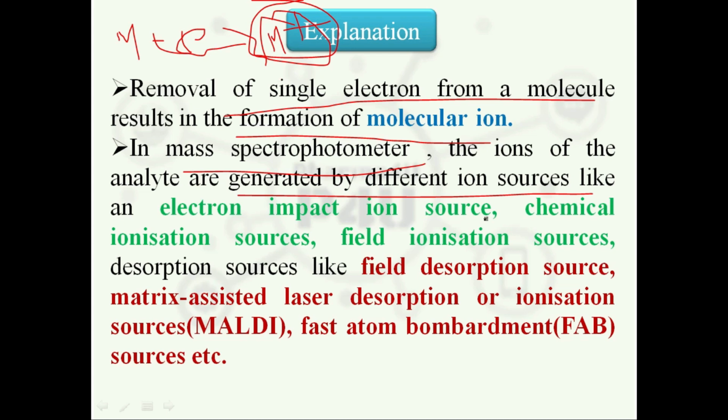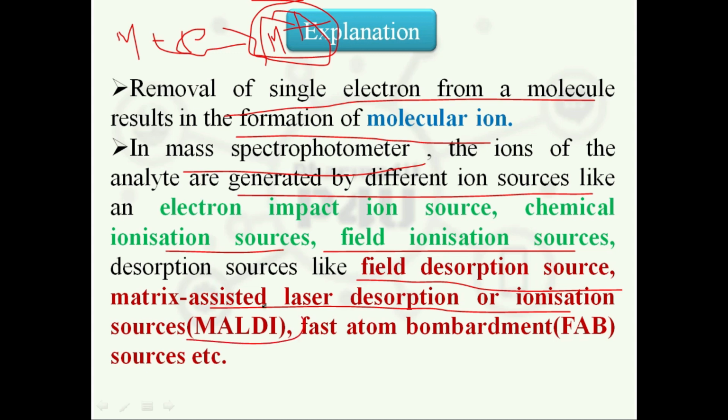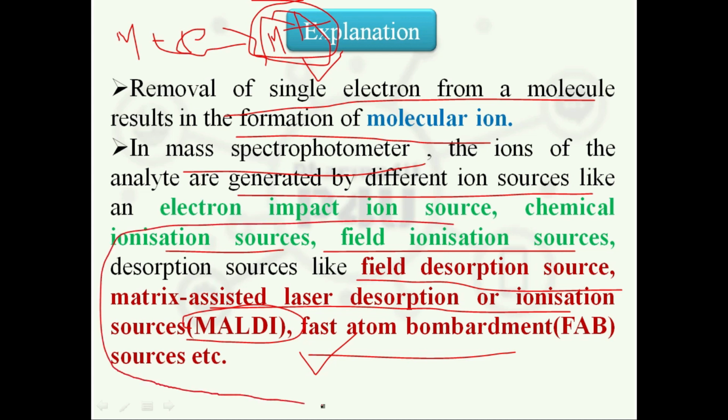The first is the chemical ionization source or field ionization source, or desorption sources like field desorption source or matrix assisted laser desorption ionization, that is MALDI and FAB, which are used for the formation of these types of molecular ions. So students, please write down that these are the techniques from which molecular ions are formed.